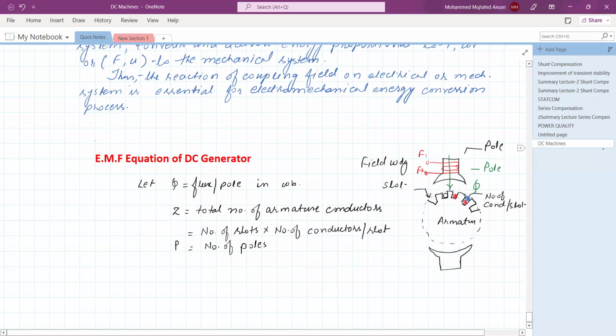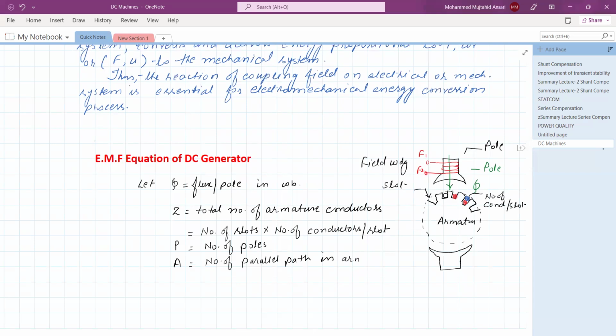A is the number of parallel paths in the armature, that is, how the number of conductors are connected and how many parallel paths there are.